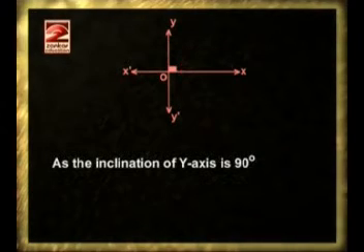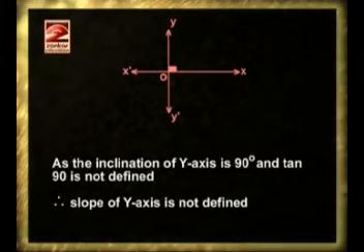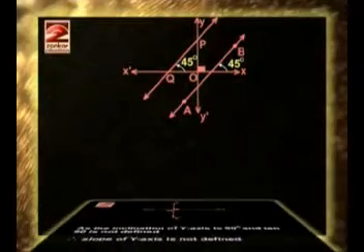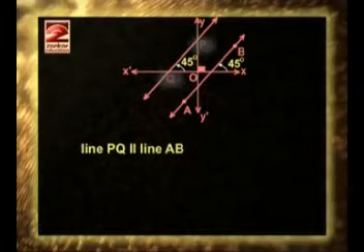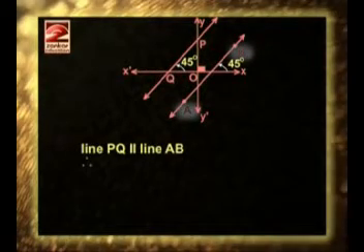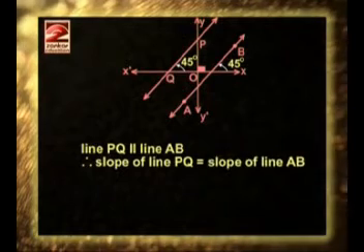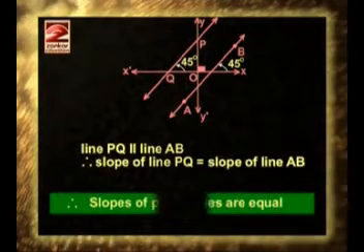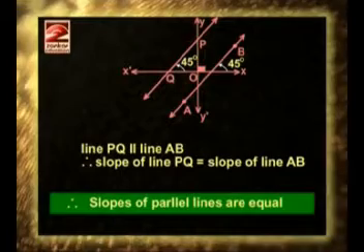As the inclination of the y-axis is 90 degrees and tan 90 is not defined, the slope of the y-axis is not defined. Now here, line PQ is parallel to line AB and therefore the slope of line PQ is equal to the slope of line AB. Therefore, slopes of parallel lines are equal.